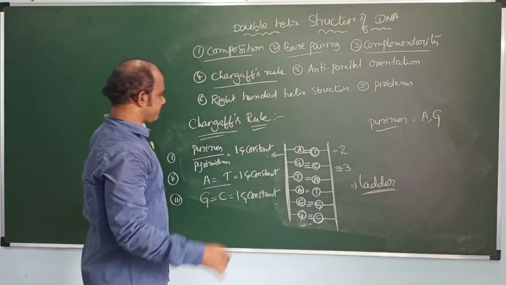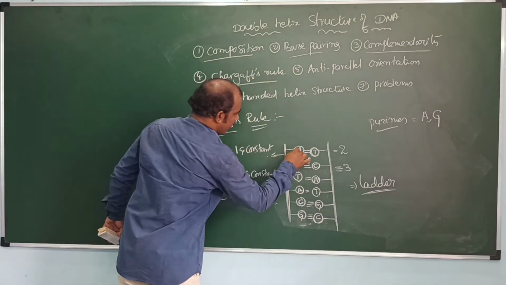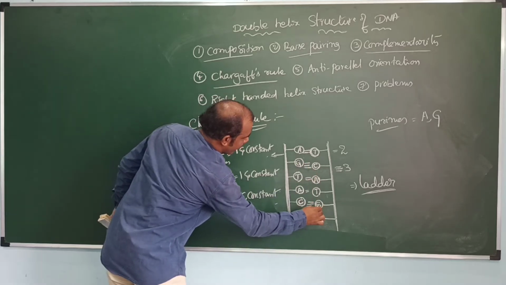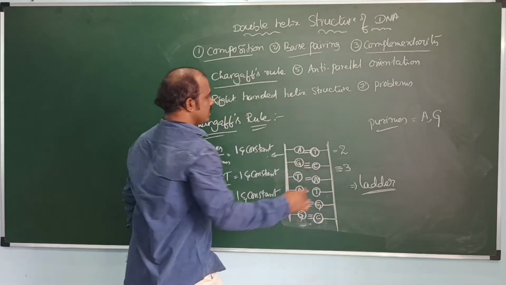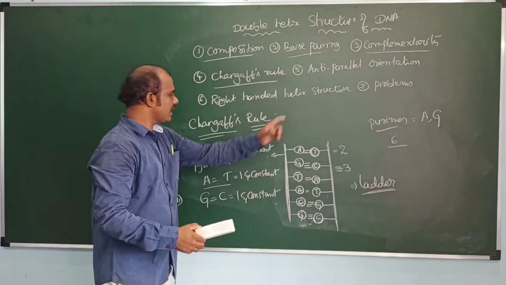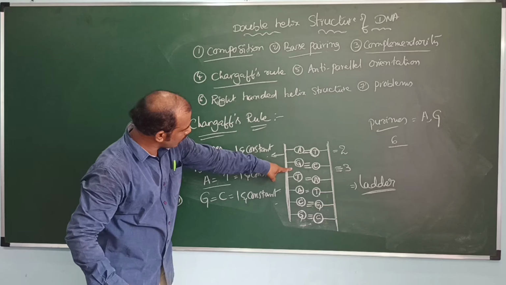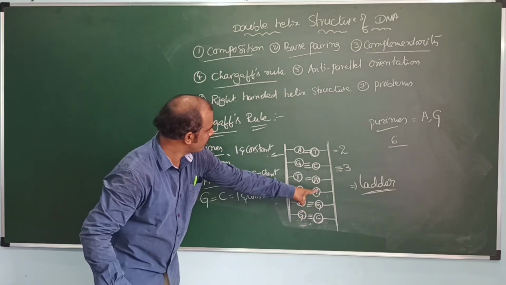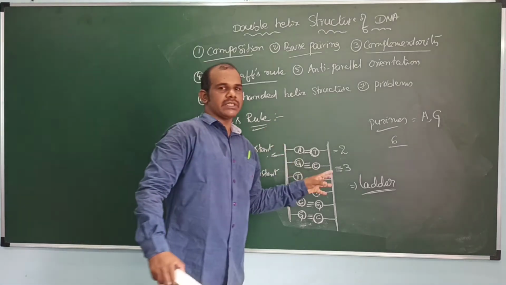Let us count: 1, 2, 3, 4, 5, 6. So 6 purines are there.